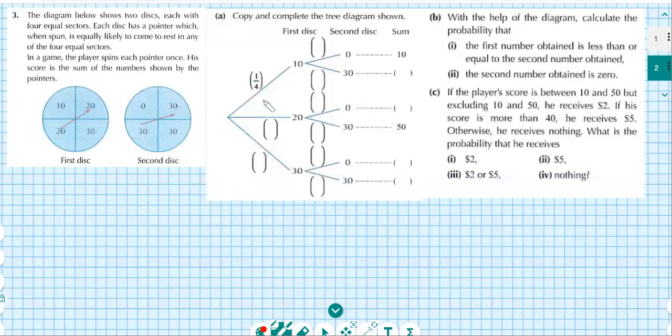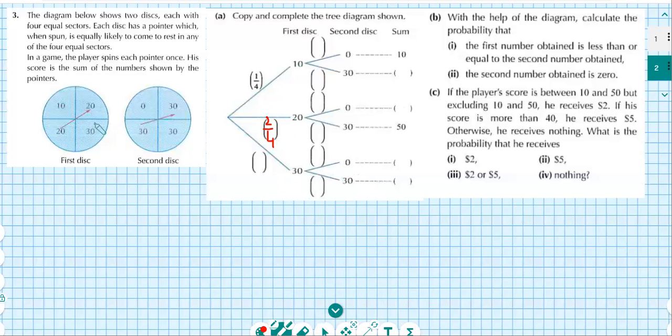In the first disk, the probability of getting 10 will be, obviously, there is only one sector for 10, so 1 over the total number of sectors, 4, so 1/4. Whereas for 20, there are two sectors of 20, so the probability will be 2 over 4.